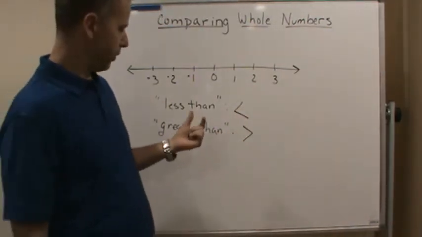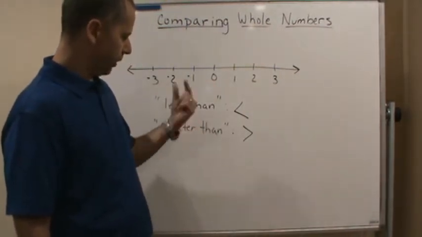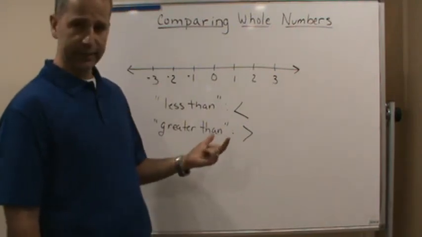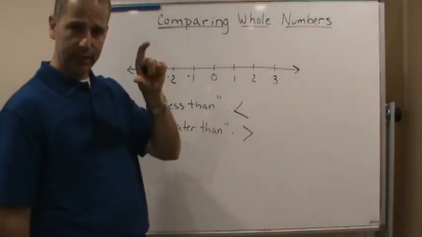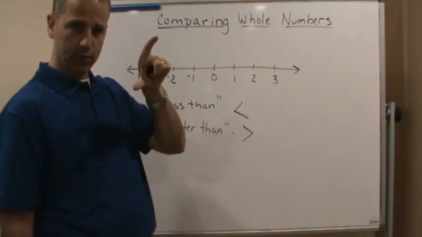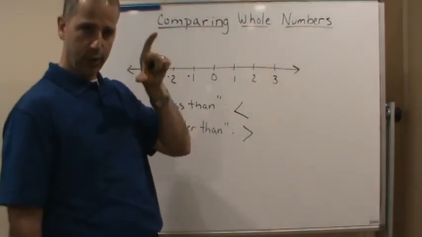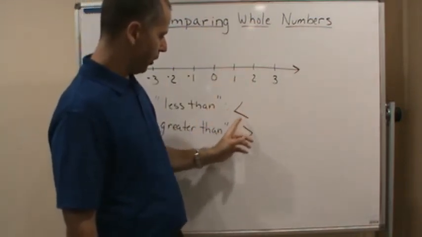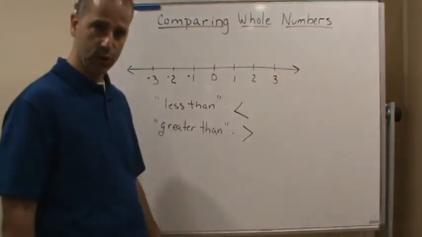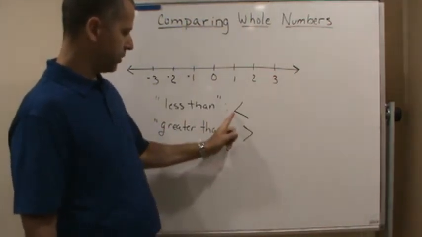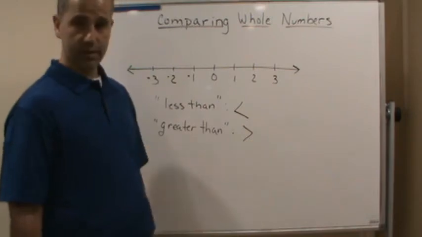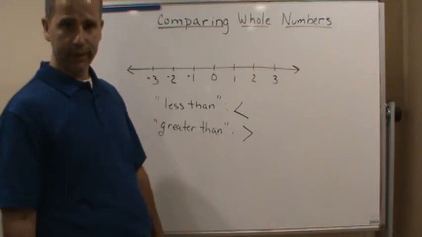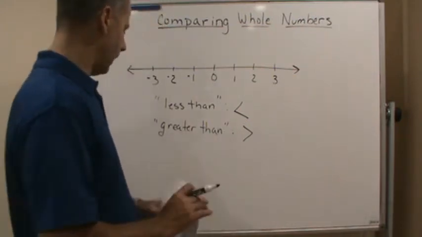When I was in elementary school, learning this, one of the things in the workbooks were little alligators, and the alligator's mouth always opened towards the larger number of fish, or the larger number of ducks, or whatever it was we were looking at. So the way I remember is the mouth always goes towards the larger number, but conversely, the arrow points to the smaller number. Either way, it'll help you get the right symbol.